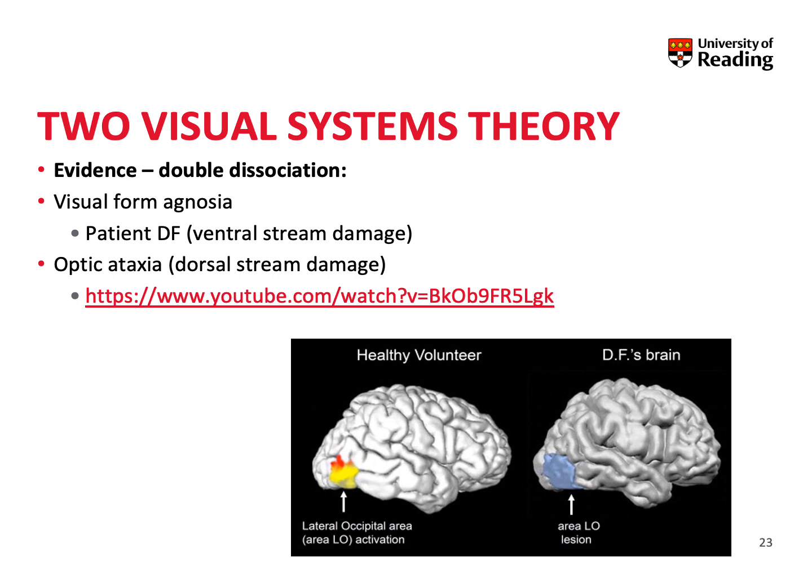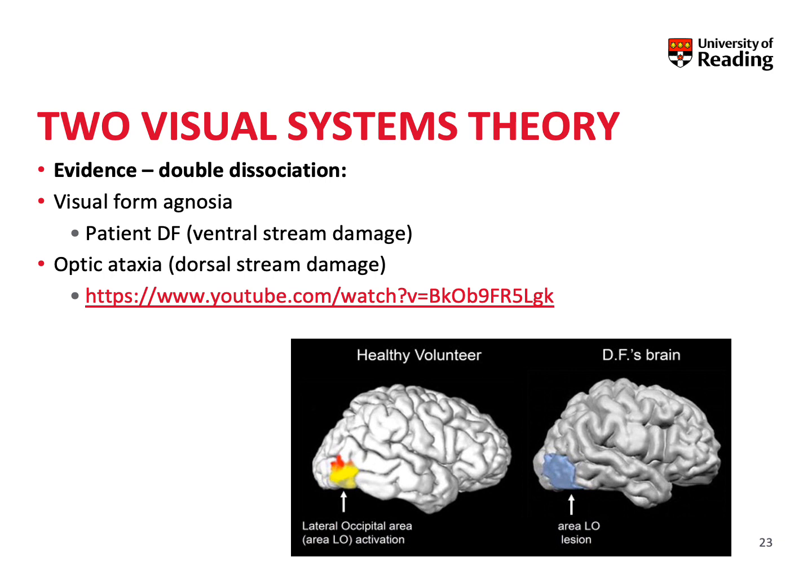Now, in optic ataxia, where there's damage to the parietal lobe, you will find that participants don't have the problem DF has. They can name objects, they see, they've got conscious visual perception, but if you ask them to do the thing that DF still can do, to reach out and pick something up, they really will struggle.